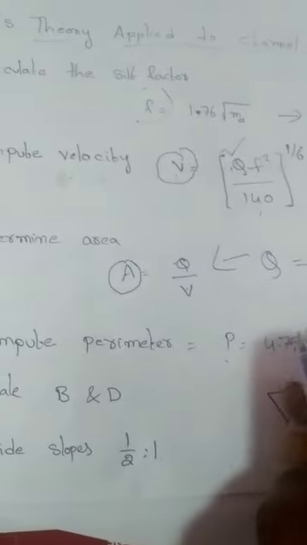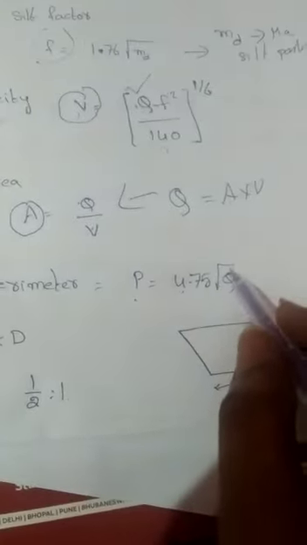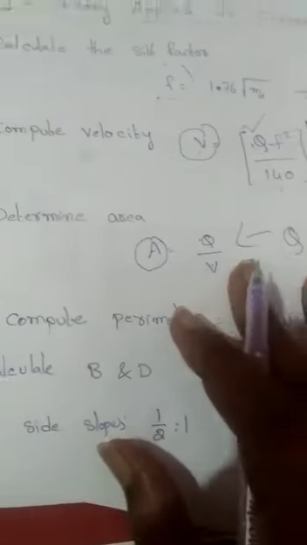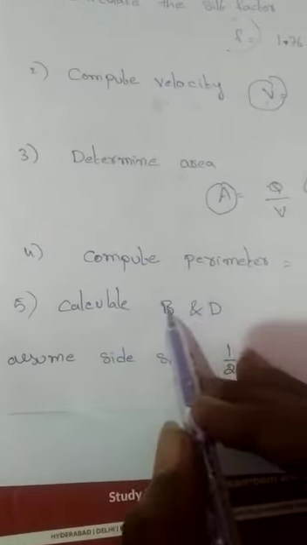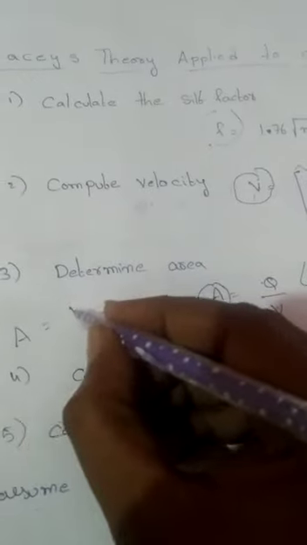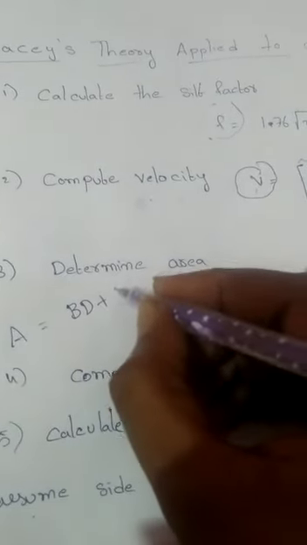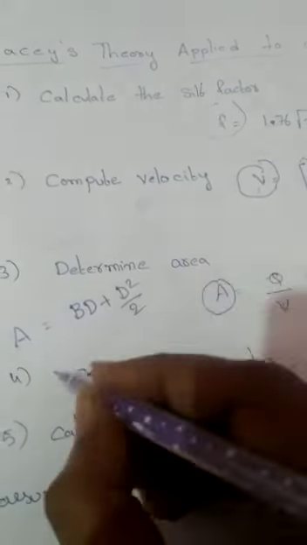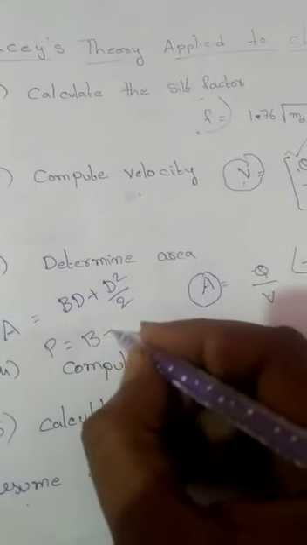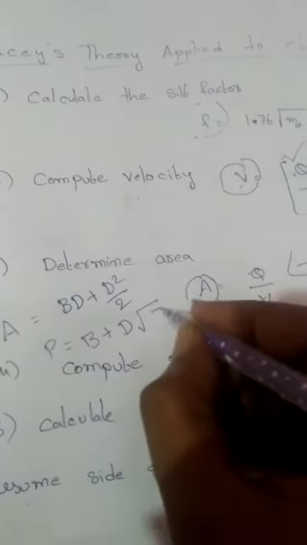Then compute the perimeter. P is equal to 4.75 square root of Q, where Q is the discharge. Calculate B and D based on the formula we already know for the trapezoidal section: A is equal to BD plus D squared by 2, and P is equal to B plus D square root of 5.